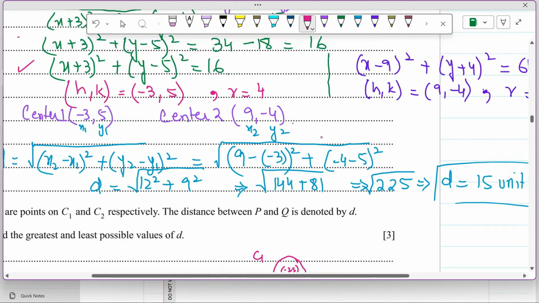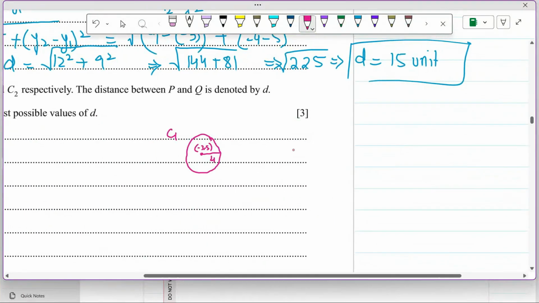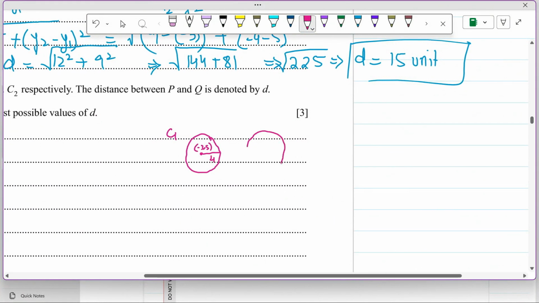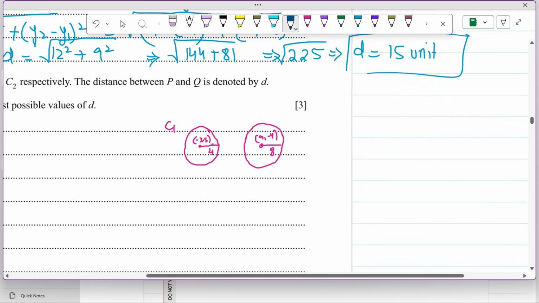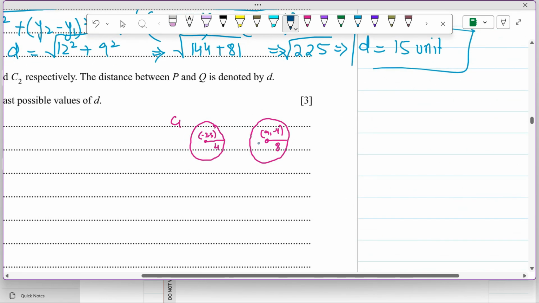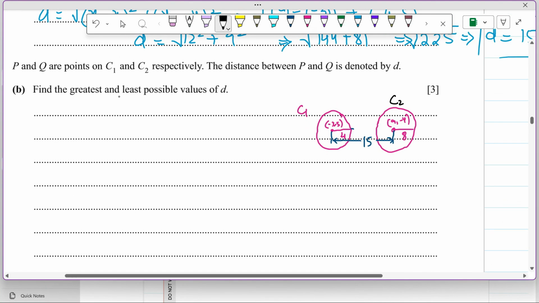And we have another circle, C2, which has the center 9 and negative 4 and the radius 8. The distance between center 1 and center 2 is 15.